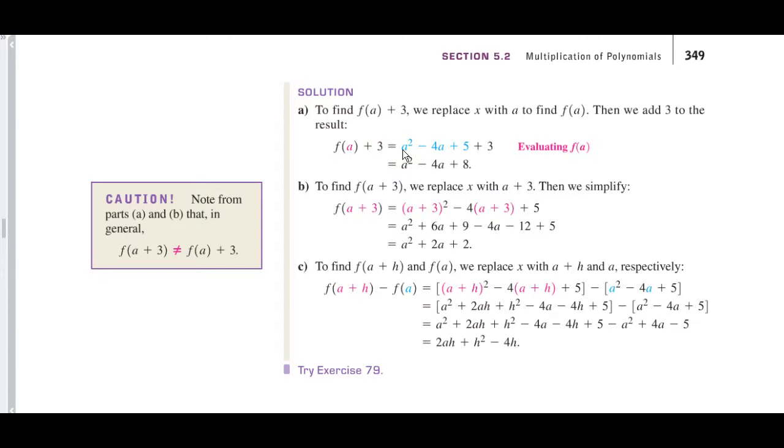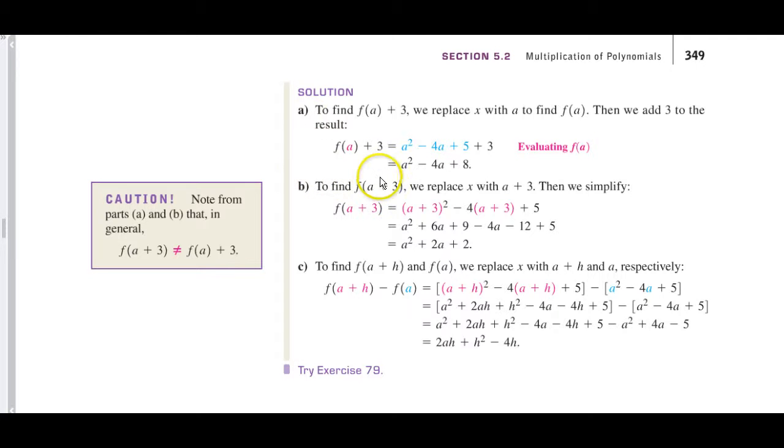So x squared now becomes a squared minus 4x. The x, remember, is the a, so it becomes this. And then there was plus 5. And then it says add a 3. So we add a 3, and that's what we get for letter A.